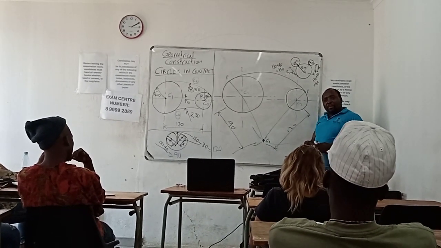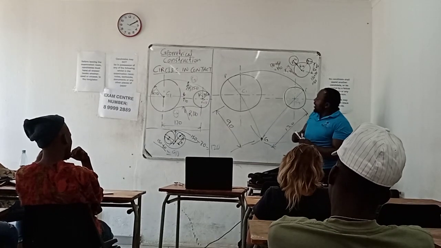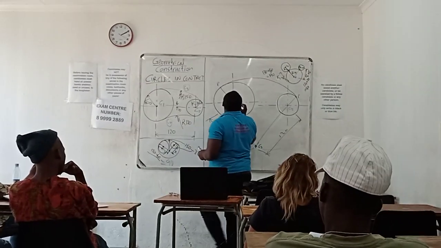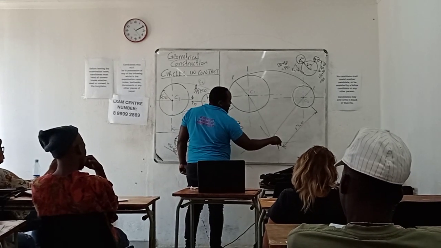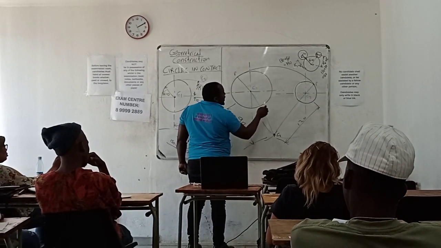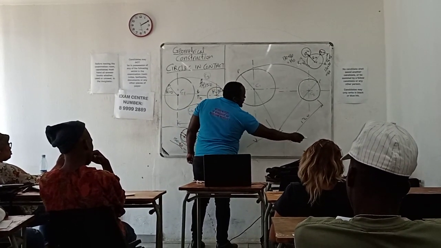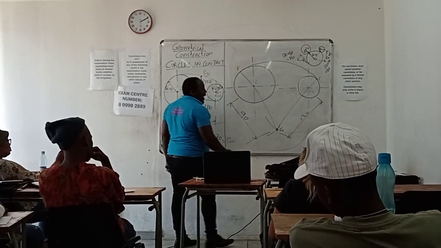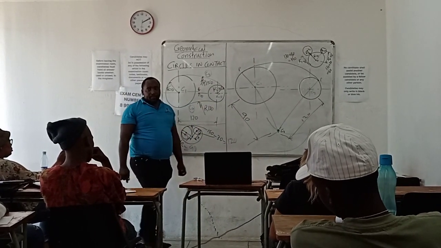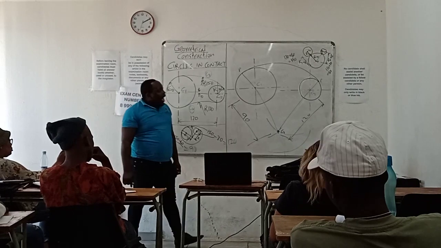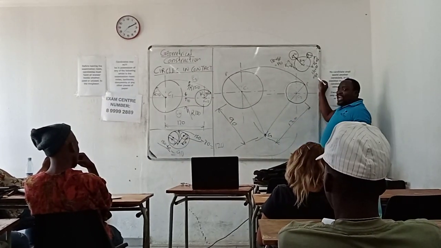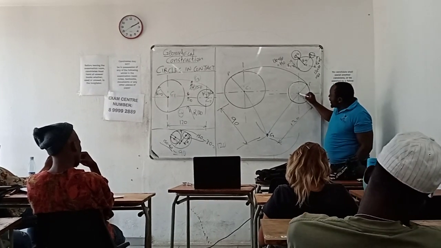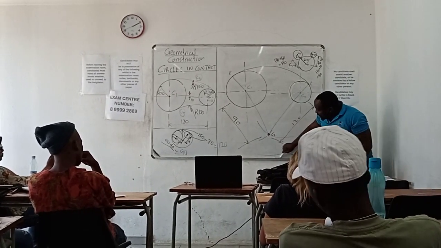So I'll take my compass, come at center 1, open 190, because this radius is down. Open 190, then draw an arc. I'll come to center 2, open 160, and come here and draw an arc.